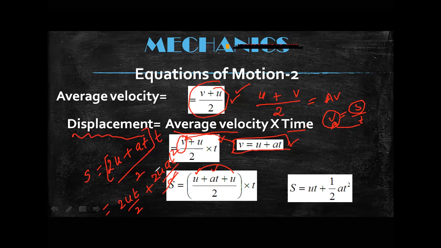Oh no, something is wrong. When I substitute this, I have to get ut plus half at square. How can I get this one? Let me check it.